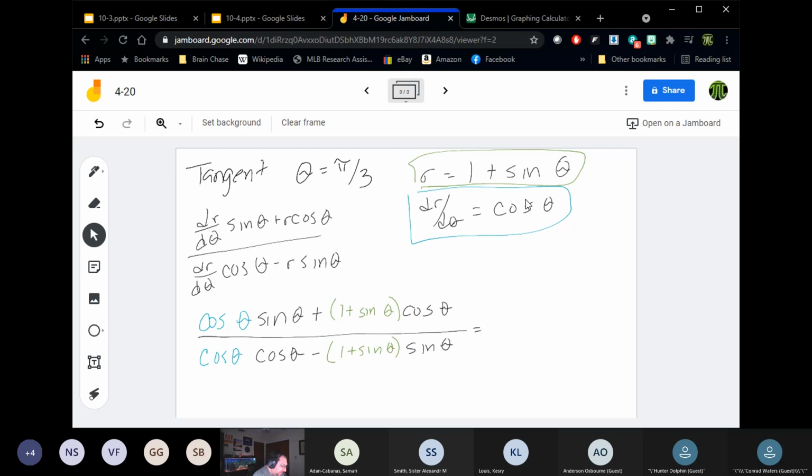So I can pull out on the top cosine theta, and I'm left with sine theta plus 1 plus sine theta. So I have 1 plus 2 sine theta at the top. On the bottom, we're going to clean this up a little bit before I put it over there. I have cosine squared theta minus sine theta plus sine squared theta.